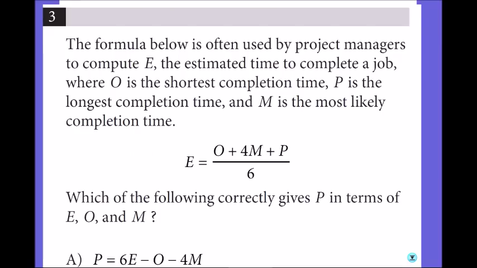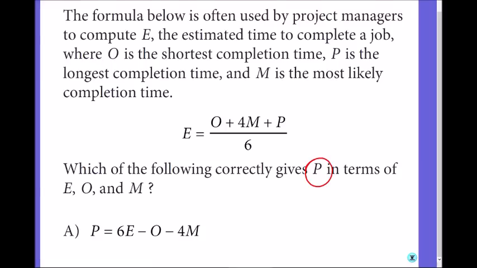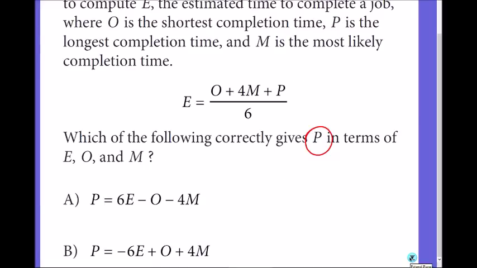The formula below is often used by project managers to estimate E, the essential time to complete a job, where O is the shortest completion time, P is the longest completion time, and M is the most likely completion time. All right, so what are we doing? We just have to solve for P. You don't really have to understand what they're saying. So multiply by 6 on both sides.